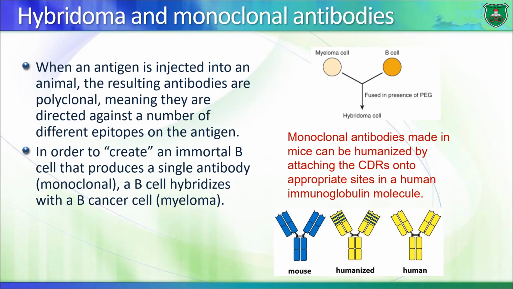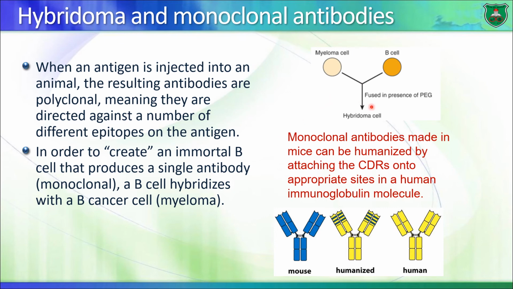So the B cell becomes immortal, meaning that it does not die. It keeps on producing the same exact immunoglobulin, and it survives for a long time. So it's almost like a cancer cell.